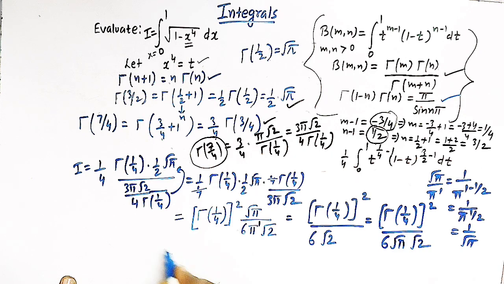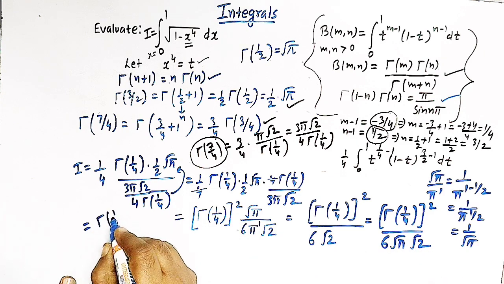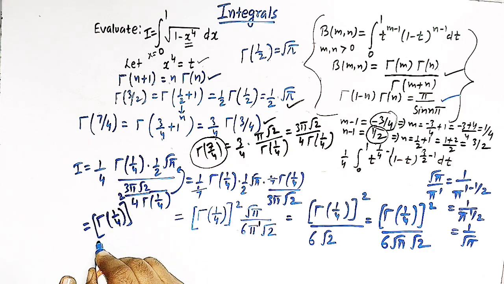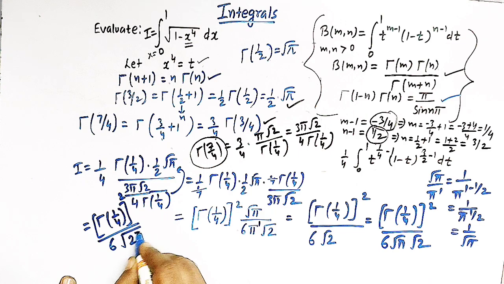2. So now we can combine these two terms, because here we have square root, here also we have square root. So we can now write gamma 1 over 4 square, and then we have 6 times square root of 2 pi.